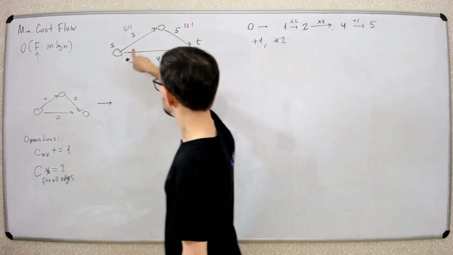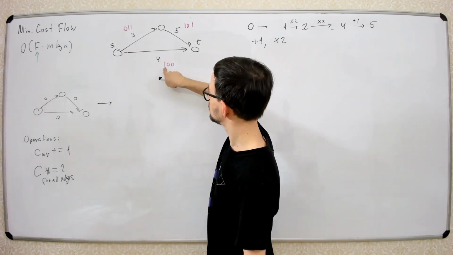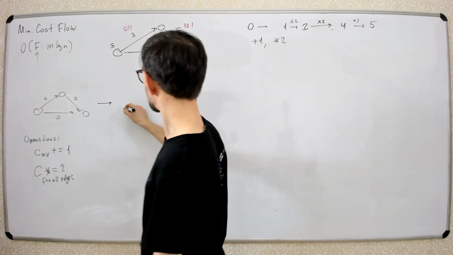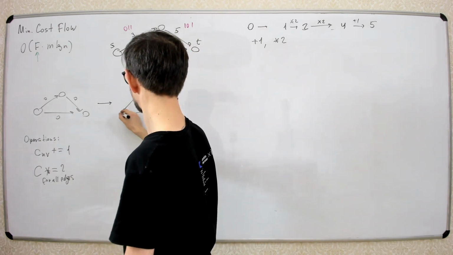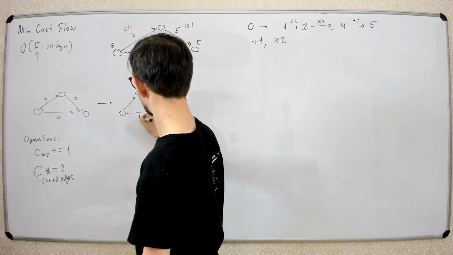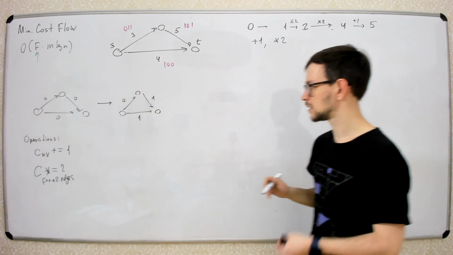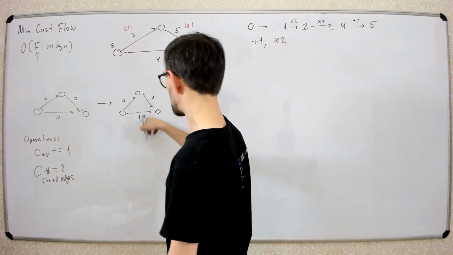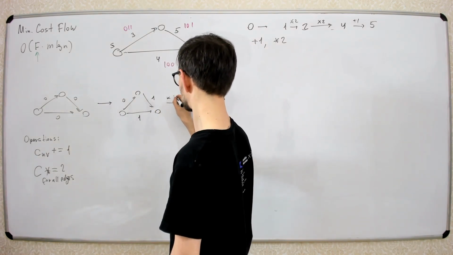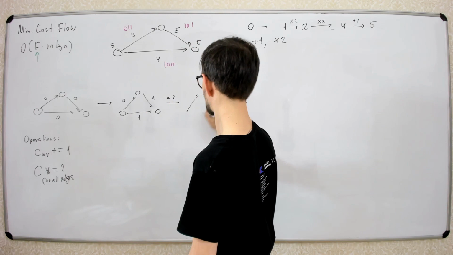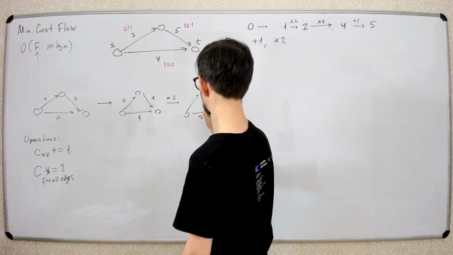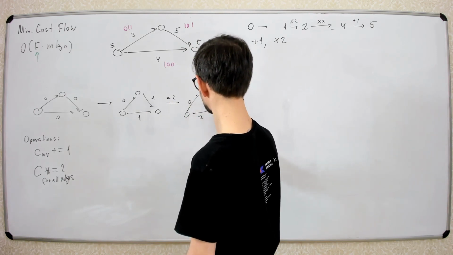So I will start by putting this first digit. I need to put first digit here and here. So I put 1 and 1 here in 2 operations. Okay? And now I multiply everything by 2. So I will have 2, 0, and 2.